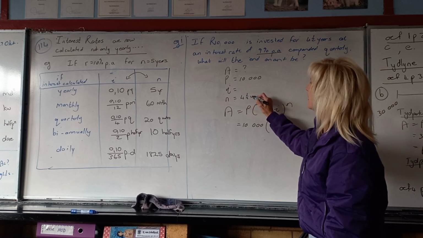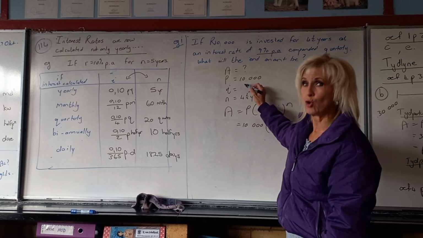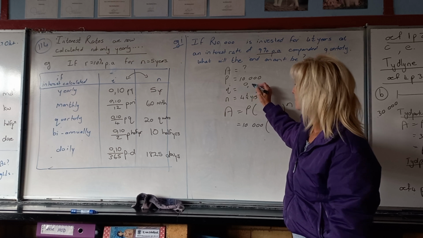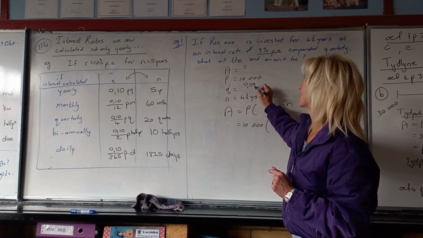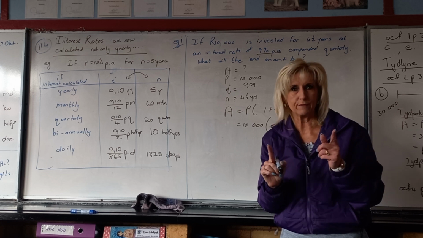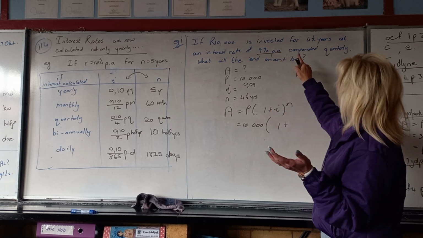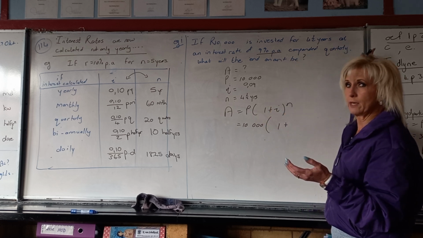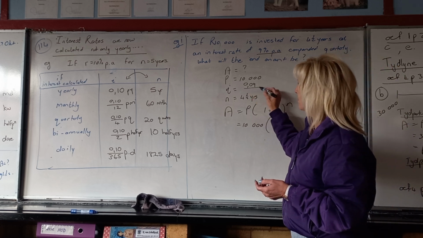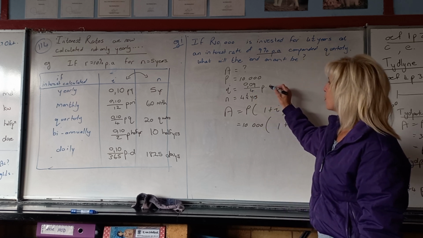And then when I read further, 9% will normally be 0.09. Just be careful of that, alright? 0.09, that should be my I, until I read compounded quarterly. So that must be divided by 4. So that will be per quarter.